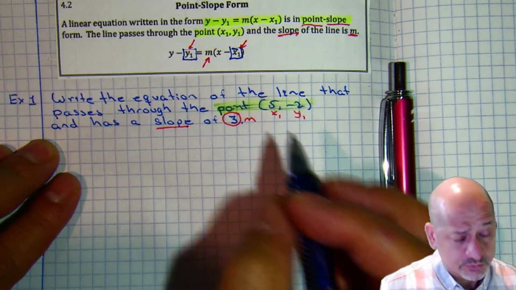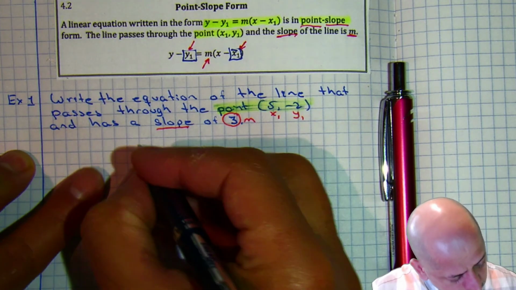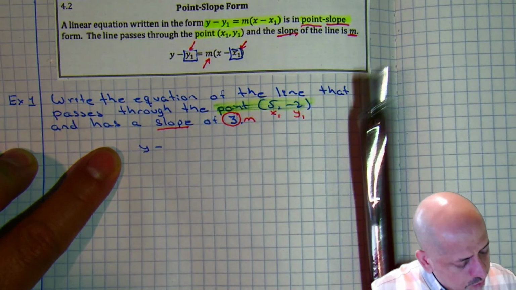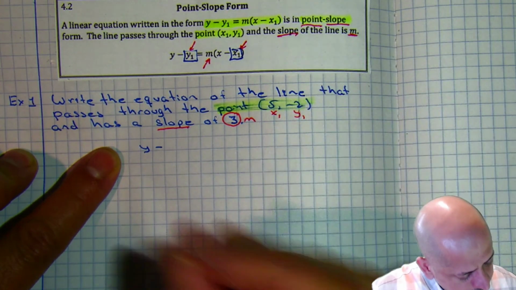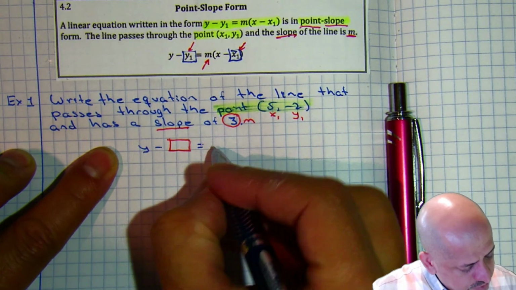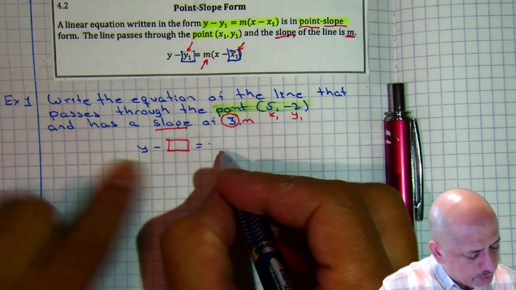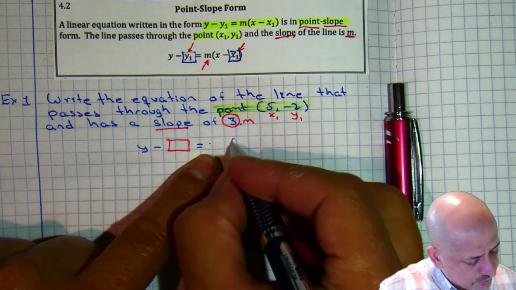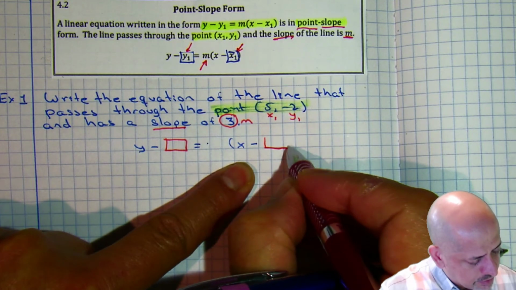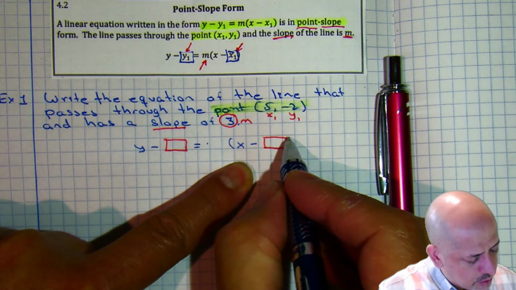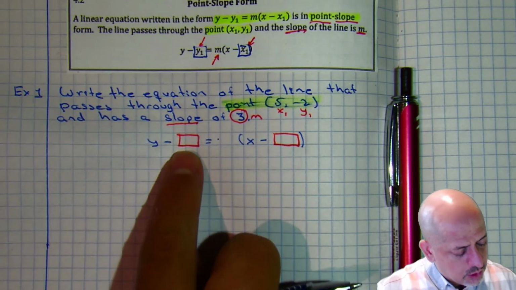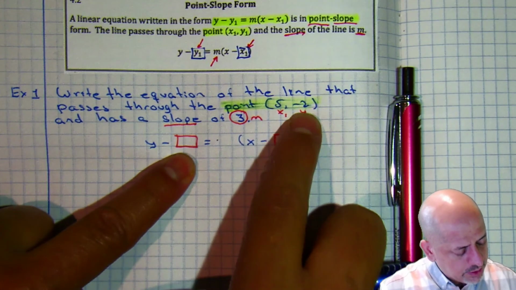And now, let's go and write down the equation. Y minus, but instead of y1, I'm going to replace it with a square. Equals m, which will be my slope. Then we have x minus, and I'm going to place my square again, because that's going to help me remember what numbers to plug in. So let's see. y1 is negative 2.